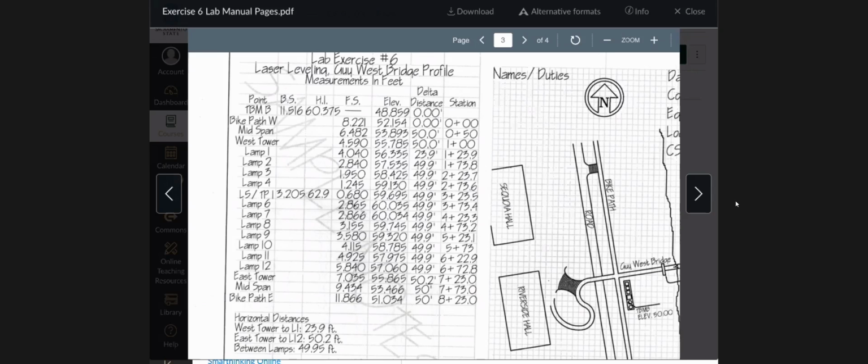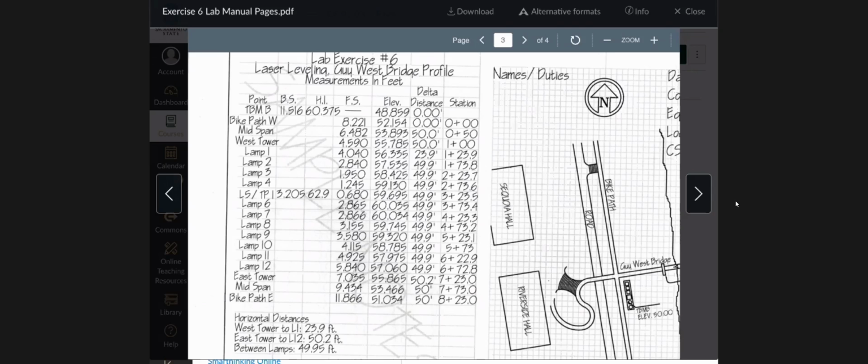When this lab was first created, I don't think the lasers had enough distance to be able to go all the way across the bridge and be visible. Well, the newer lasers that we have can do that now. So we only have one setup that you see there. That's our original setup near the east or the west tower. Okay, and that instrument will be able to project that plane of light all the way across the bridge to the eastern side.